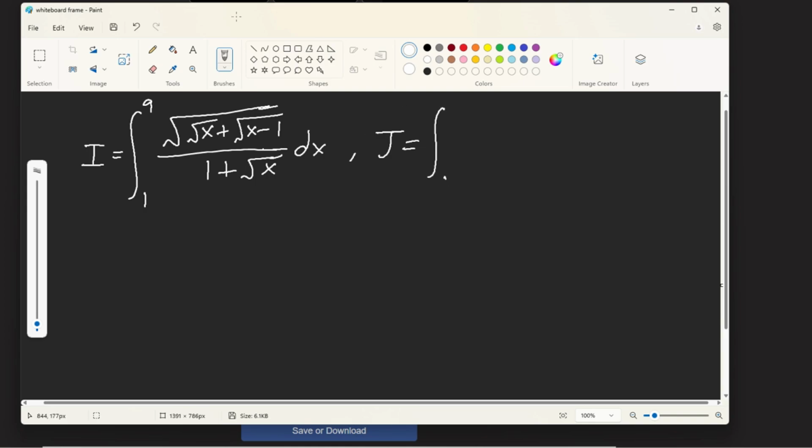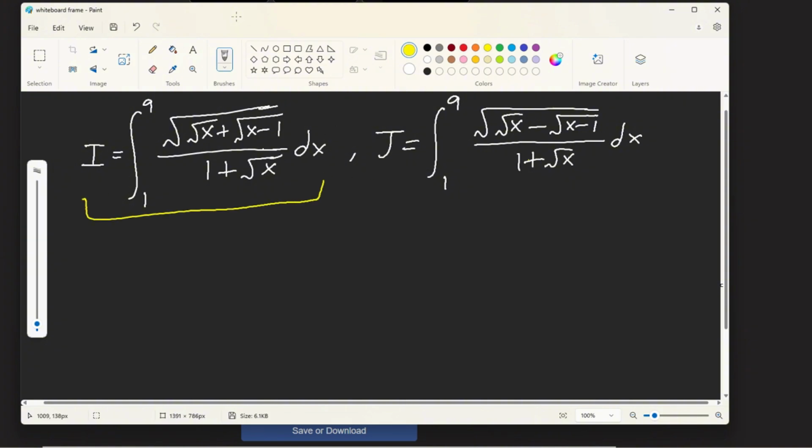So what's our doppelganger? We will create our doppelganger, square root of x minus square root of x minus 1. And now you're probably thinking, why would you want to do this? It's because we are solving for I. Would it have been nice if we add I plus J and I minus J, and when we add these two integrals together, we want 2I, right?